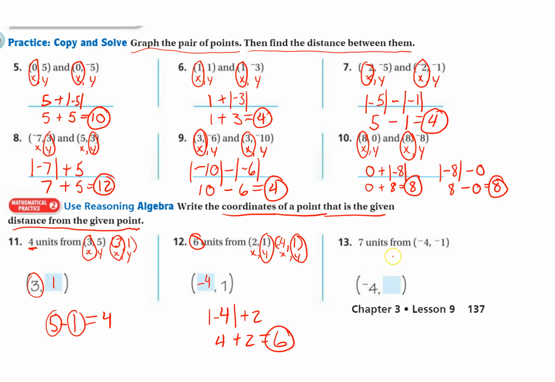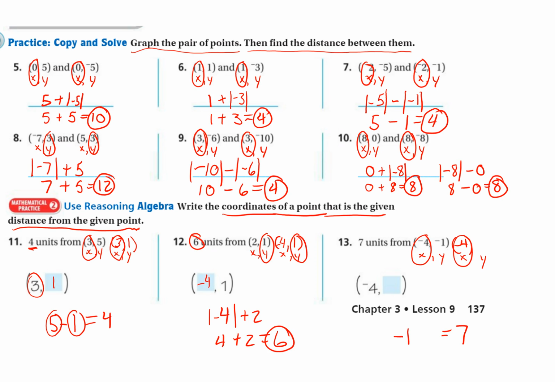Okay, number 13, we have (-4, -1), and our second point starts with negative 4 and then has some other number. We don't know what this number is. But remember, it's x and then y, x and then y. Here, our x values are the same, so we're looking at our y values. We have -1, and we need to be 7 units apart from each other.